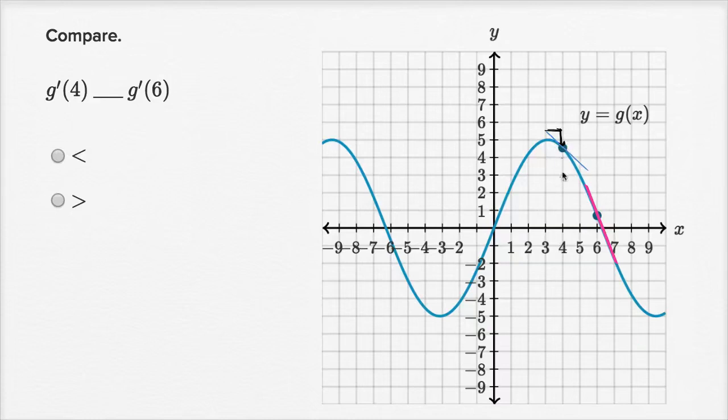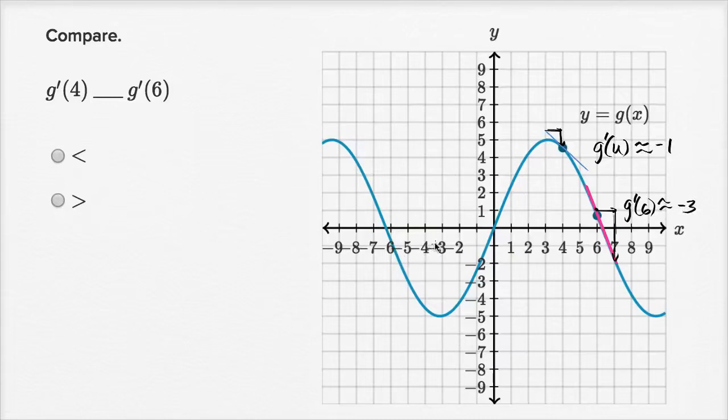So it looks like g prime of 4, the derivative when x is equal to 4, is approximately, I'm estimating it, negative 1. While the derivative here, if we increase x by 1, it looks like we're decreasing y by close to 3. So g prime of 6 looks like it's closer to negative 3.